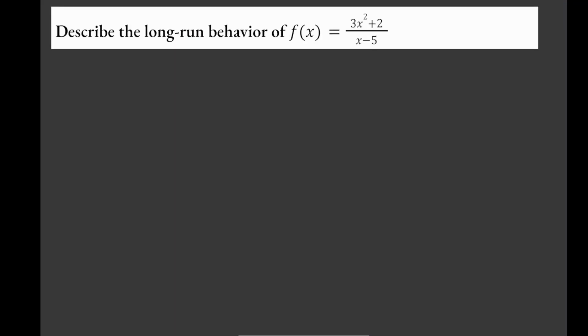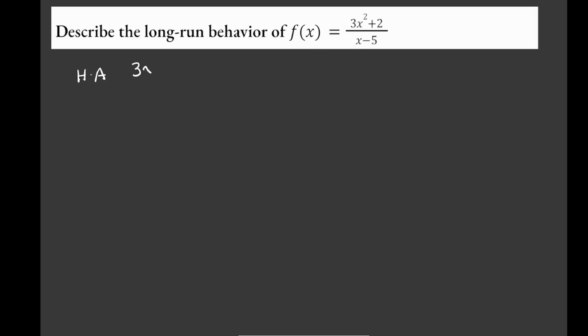Now in this problem, we are asked to describe the long-run behavior of this rational function. So remember, the long-run behavior is always indicated by my horizontal asymptote. So in this one, to find my horizontal asymptote, I am going to look at the leading term from the numerator and the leading term from my denominator.